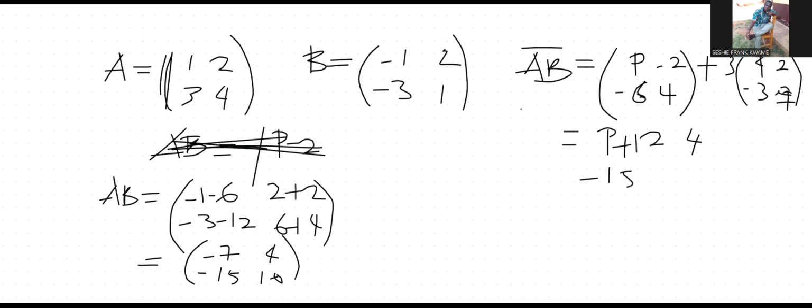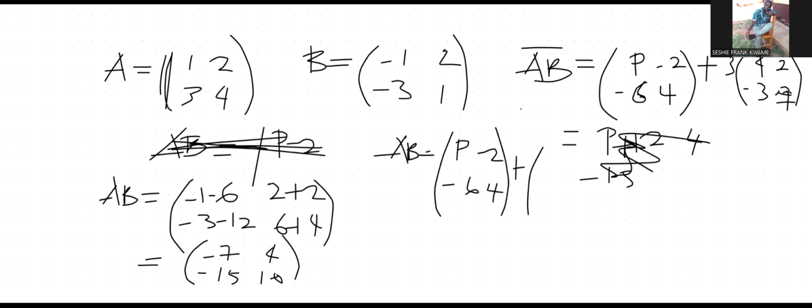So let me do the other side by expanding first. So I have P, negative 2, negative 6, 4, plus 3 times 4 is 12, negative 9, 6, 3Q. So P plus 12 is P plus 12. Then the other will be negative 6 plus negative 2 plus 6, 4.